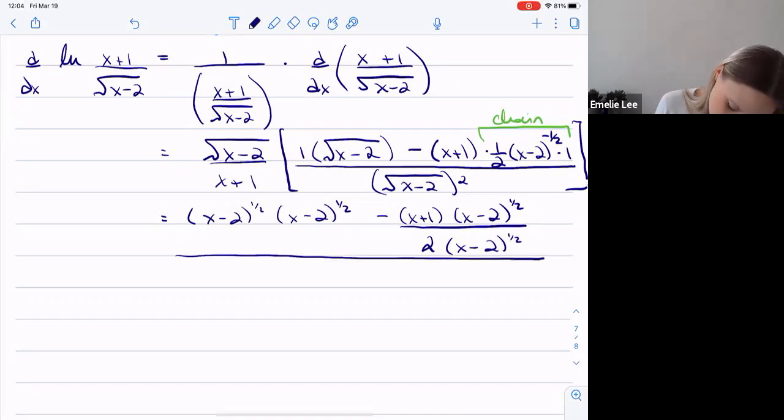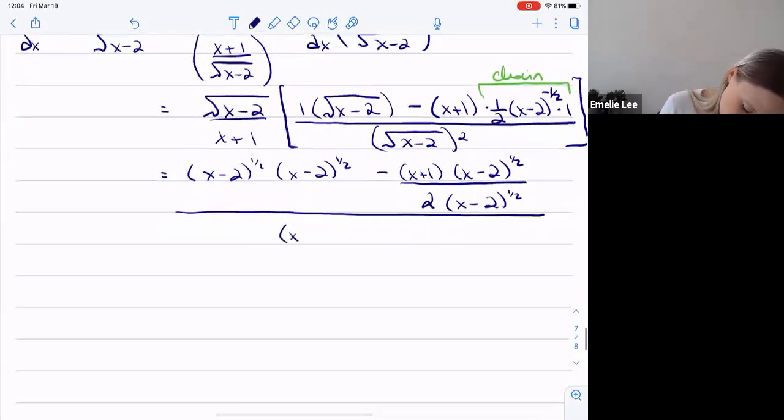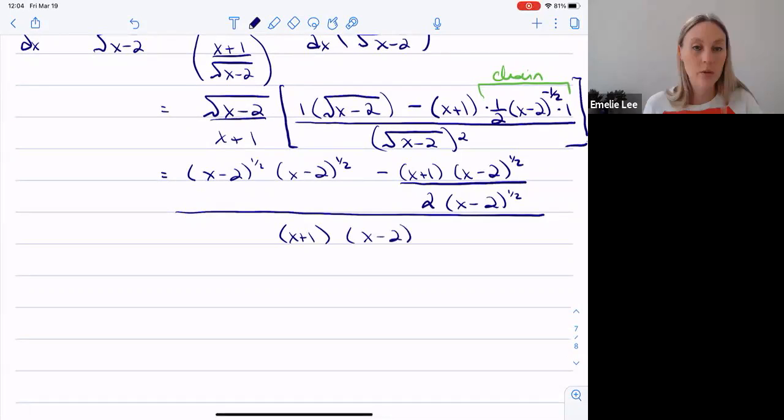And then that's all over x plus 1 times x minus 2, right? The root of x minus 2 squared is just x minus 2. Okay.